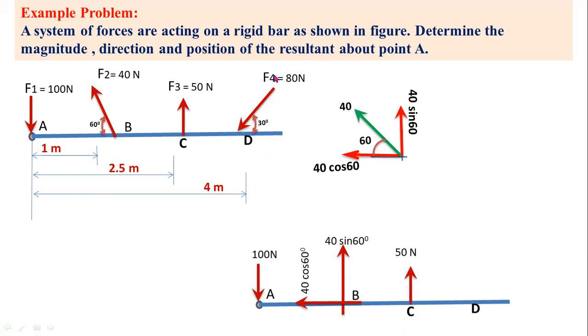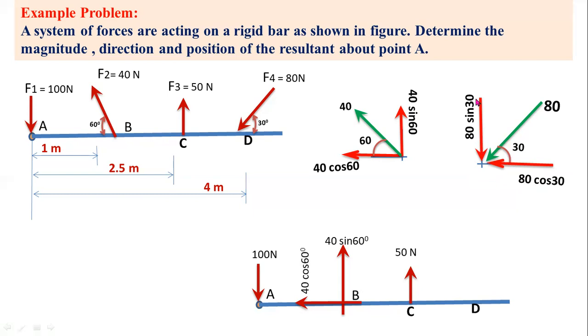Now you have to convert this force F4, 80 newtons, into horizontal and vertical forces. Here this force lies in the first quadrant. You can observe this 80 newtons force acting towards the origin, so you have to consider X and Y components also towards the origin. Here this is the adjacent side, so cos theta.